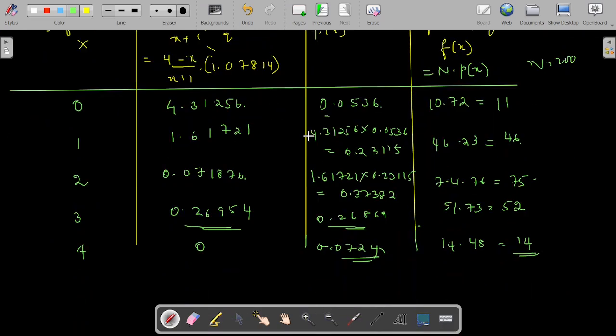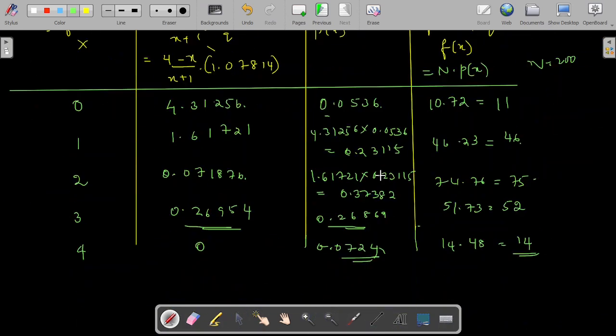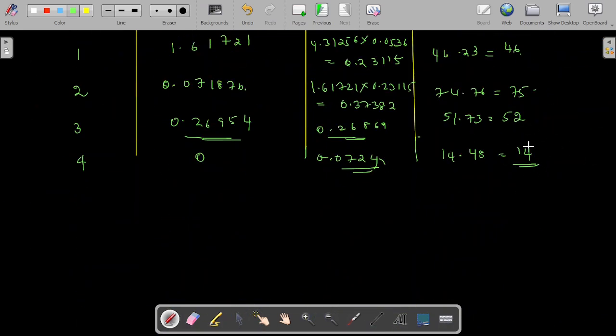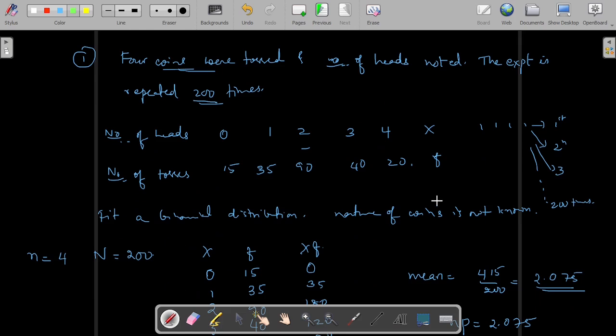There is a difference because we are fitting a binomial distribution into it. So here it is 52, then here it is 40. Last one 20, and here it is 14. Approximately equal. This is the best possible binomial fit for the given distribution. So this is how we do fitting of binomial distribution to the given data.